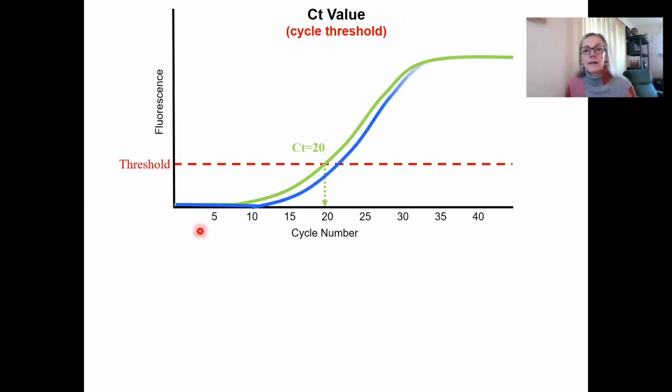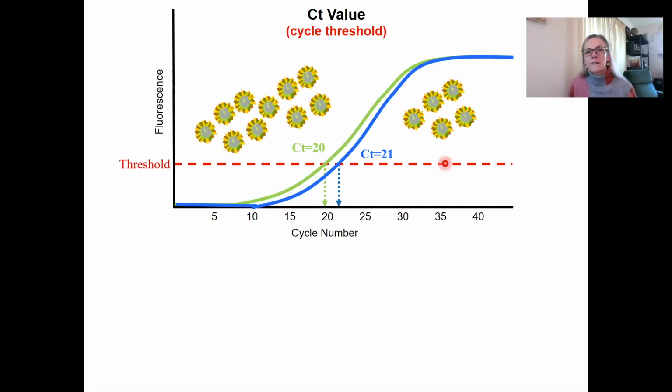In this blue sample, the CT value is 21. Because each cycle there's a doubling of the viral RNA, you can assume that the sample in green has twice the amount of virus as the sample in blue. You can have different CT values, this one here at 35, and some that never reach the background.